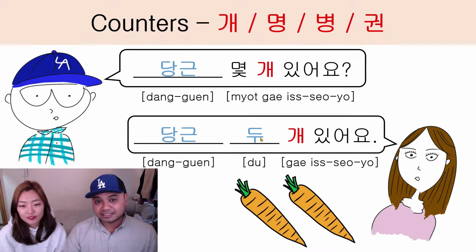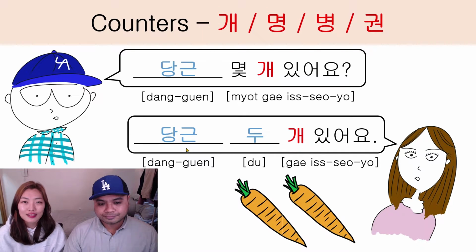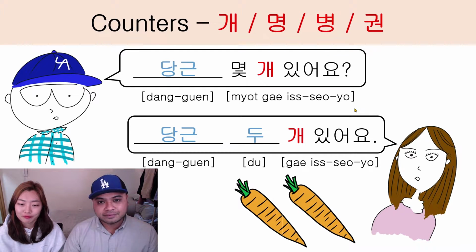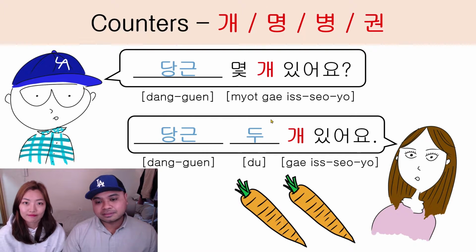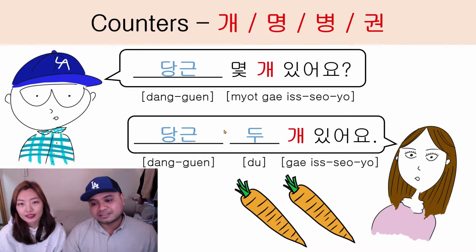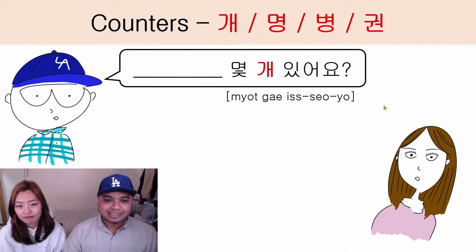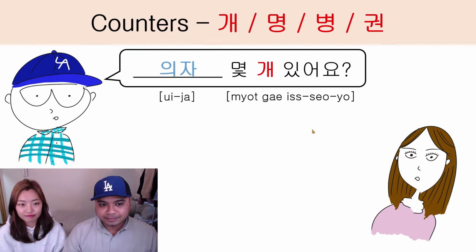So we need to say 두 개. So 당근 두 개 있어요. Yeah, so this means I have 2 carrots. So just remember, put the noun first, the number, then the counter. 당근 두 개 있어요.